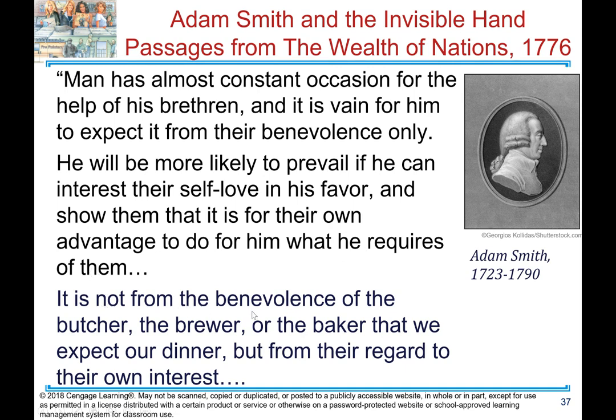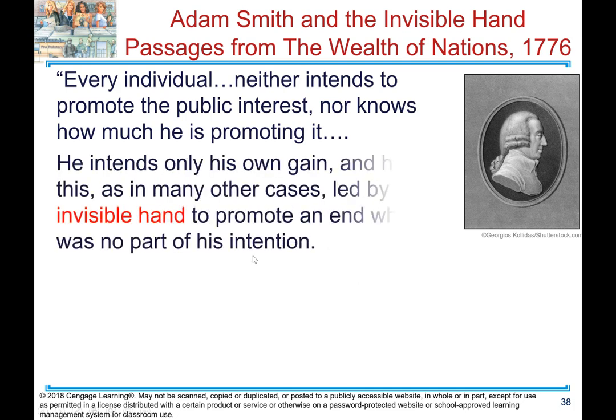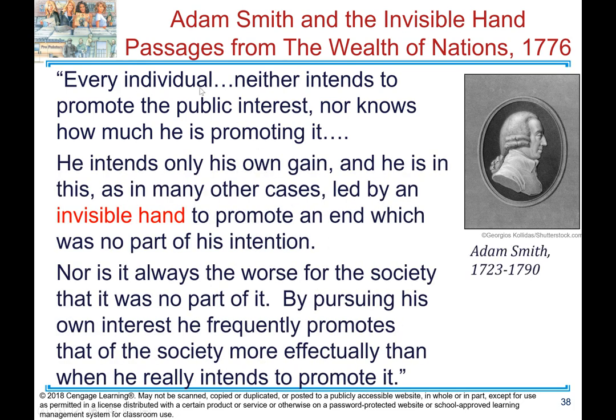It is not from the benevolence of the butcher, the brewer, or the baker that we expect our dinner, but from their regard for their own self-interest. Every individual neither intends to promote the public interest nor knows how much he is promoting it.